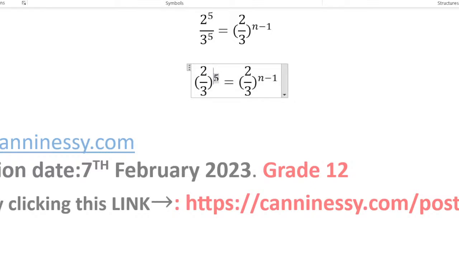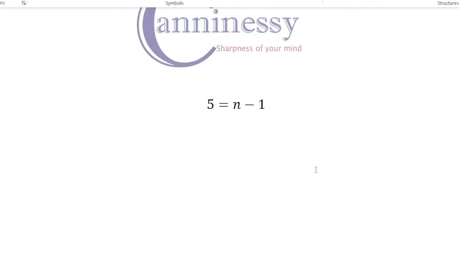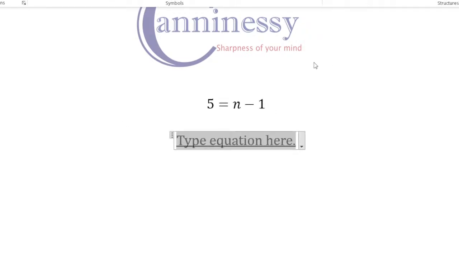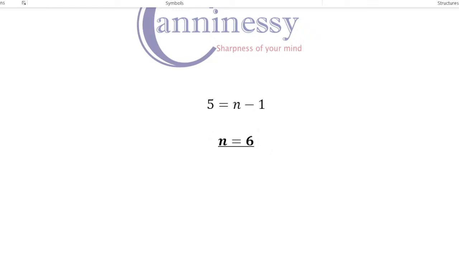So 5 is equal to n minus 1, therefore the value of n is equal to 6. So that's the value of n. I hope you are following.